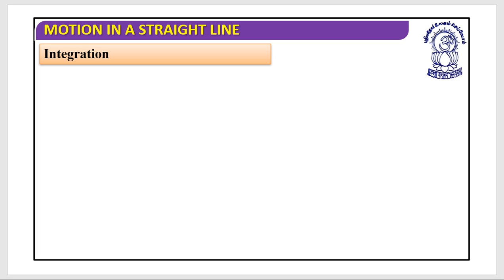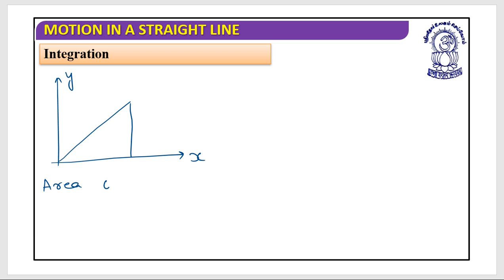Suppose this is the y axis, this is the x axis, and a graph has been plotted for y versus x, something like this, and you need to find the area of it.